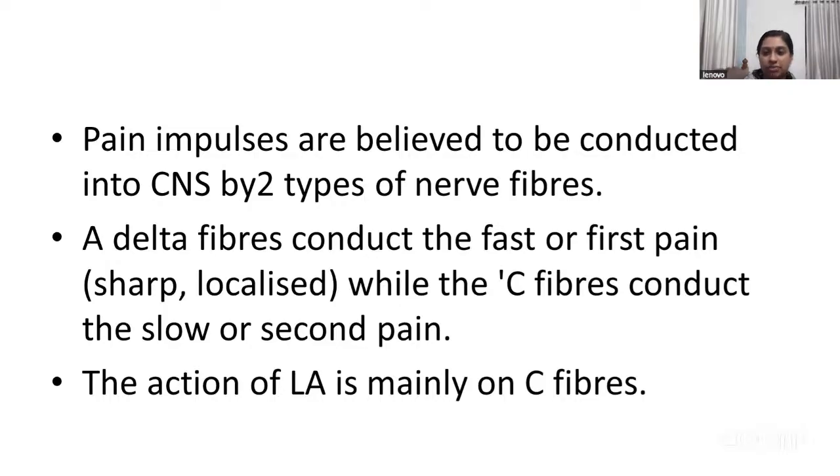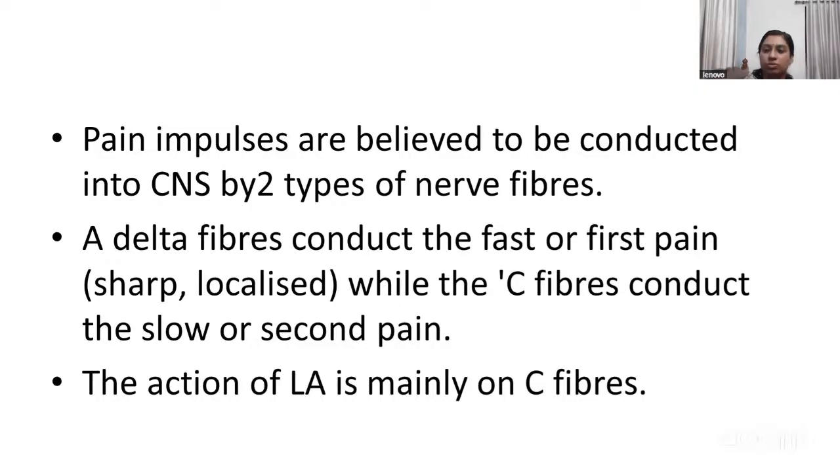A delta fibers are myelinated, i.e. they are having a proper dress. Myelin can be considered as a dress for these neurons. So A delta fibers, the adult fibers, are covered up properly, so they are myelinated, whereas children are not usually covered up properly, so they are unmyelinated fibers. We can remember the properties of A delta and C fibers like this.